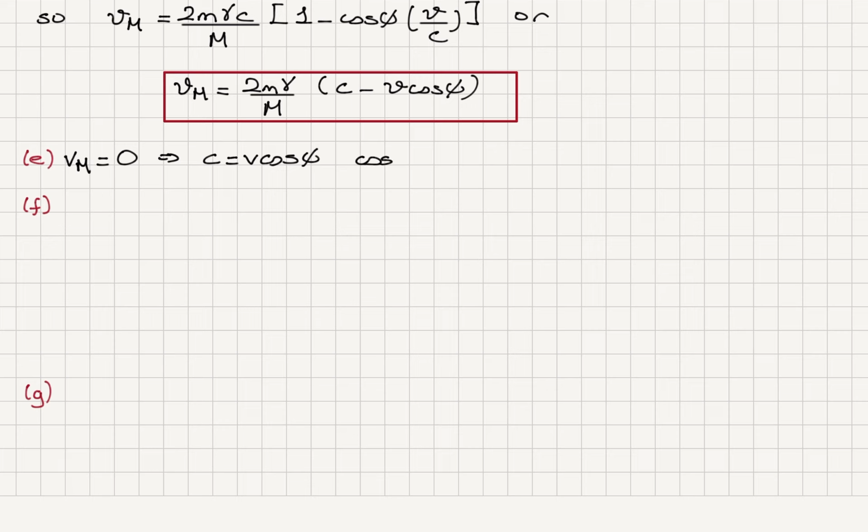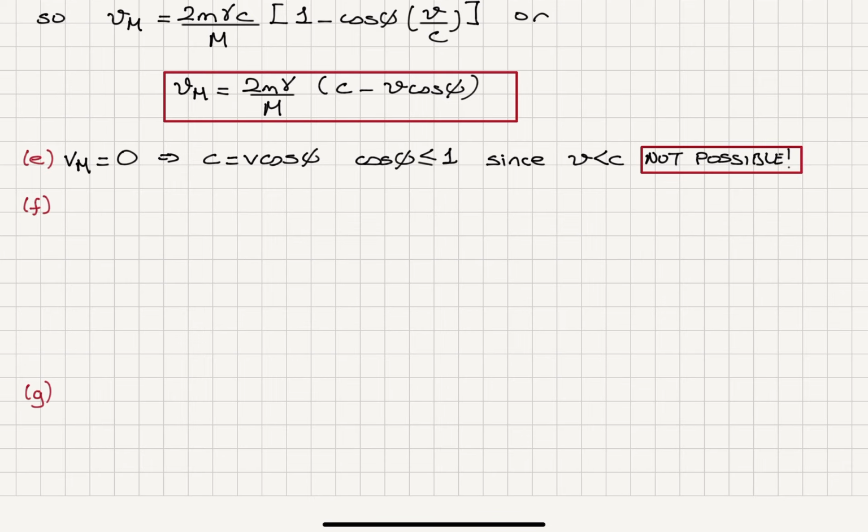Now, cosine phi is a number that is less than or equal to 1, which implies that if it is equal to 1, V is equal to C, and if it is less than 1, V is greater than C. So since V has to be less than C, less than the speed of light, this is not possible. So the stationary particle cannot stay stationary in this scattering process.